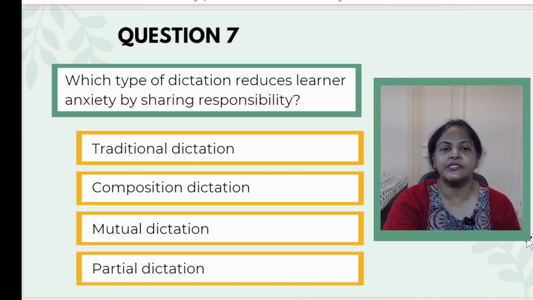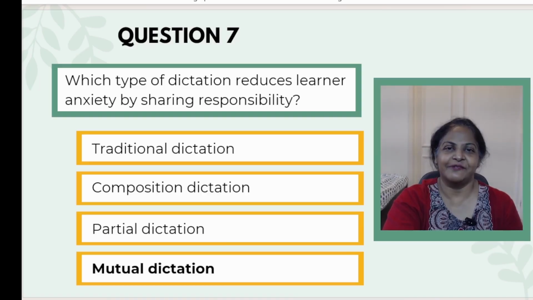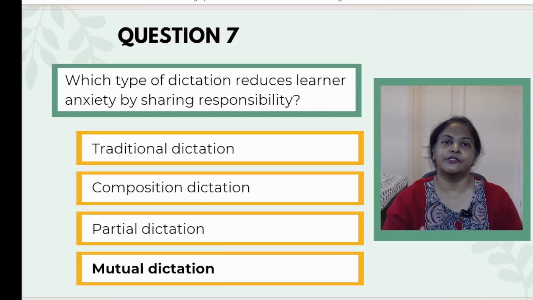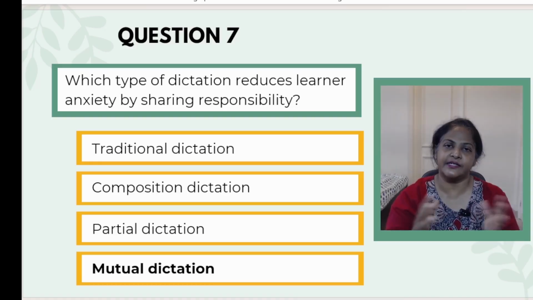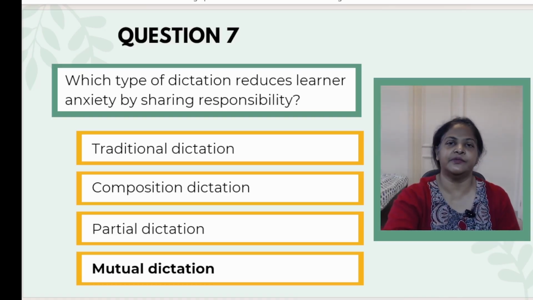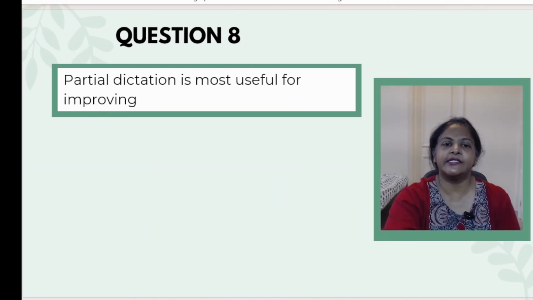So in which is the anxiety of sharing responsibility reduced most? So since we are talking about shared responsibility, this is mutual dictation. Because in mutual dictation, the two students have to then help each other to complete the entire paragraph that has been given to them.